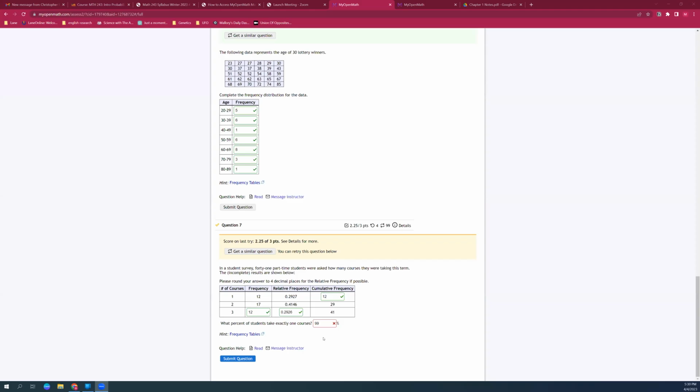Oh, okay. Got it? I think so, because mine says what percentage is, I'll share my screen, I guess. Okay. So mine says what percentage of students take exactly one course, so that actually should have been 29%, right? Yeah.